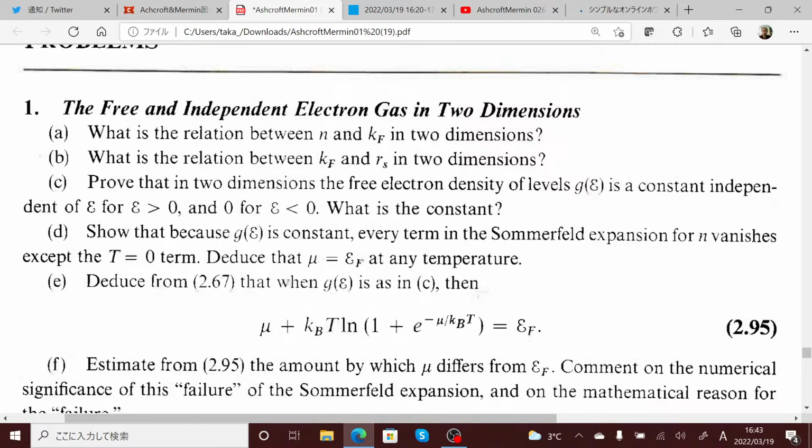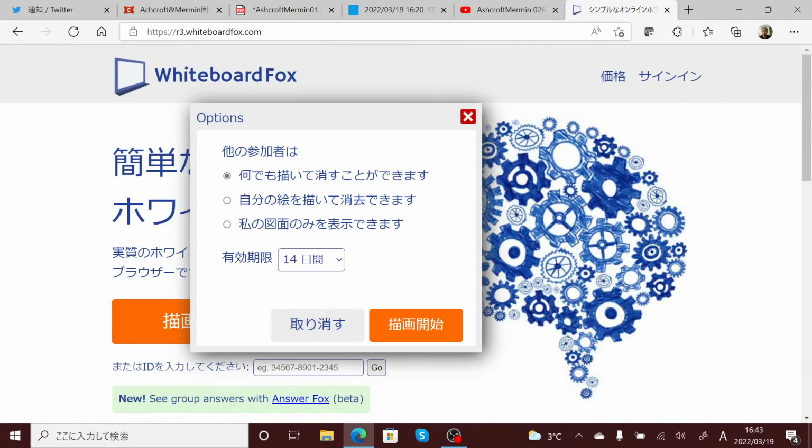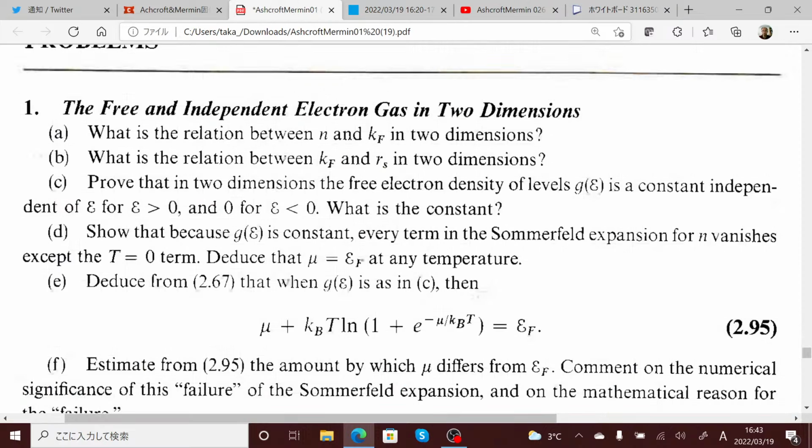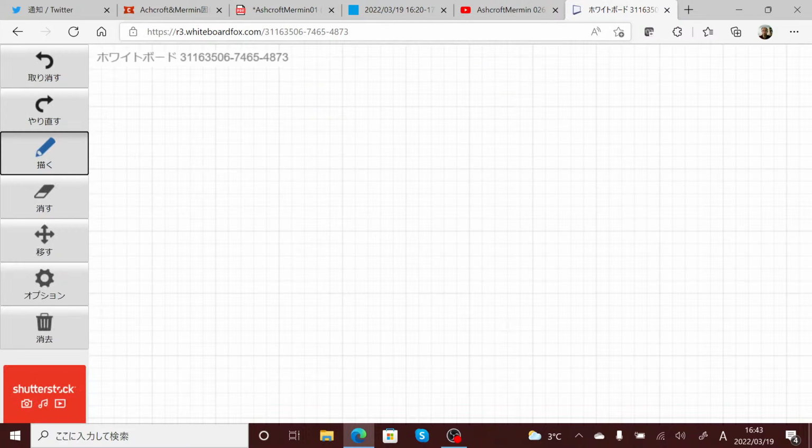N and Kf in two dimensions. Okay, we assume the spin degree of freedom is multiplied by 2. So Kf, what is Kf in two dimensions?